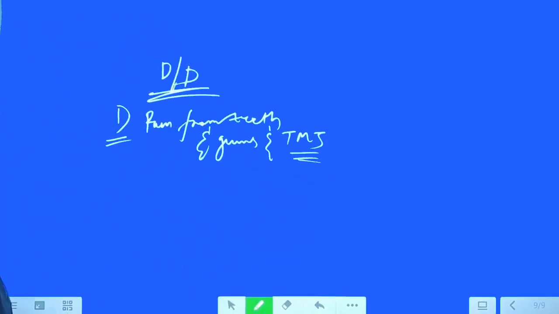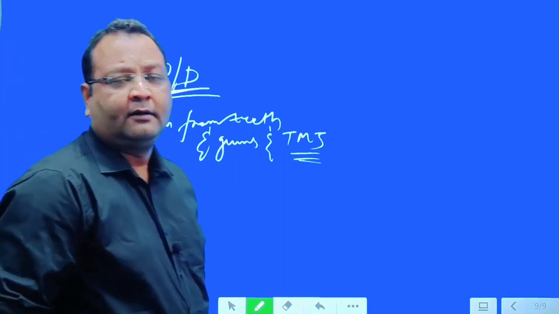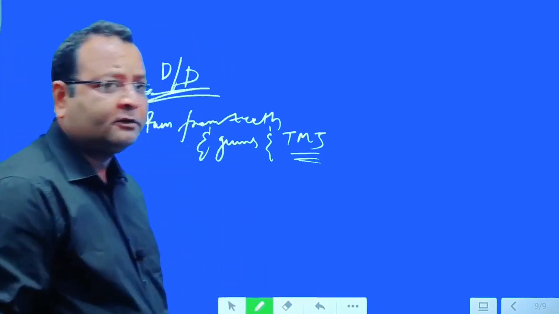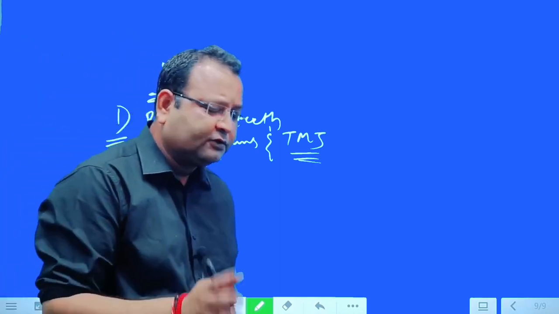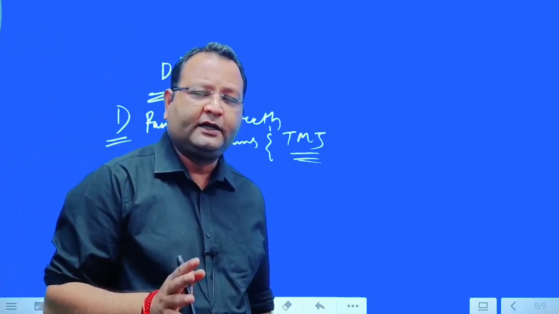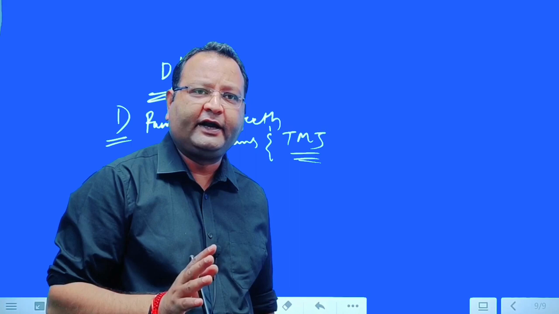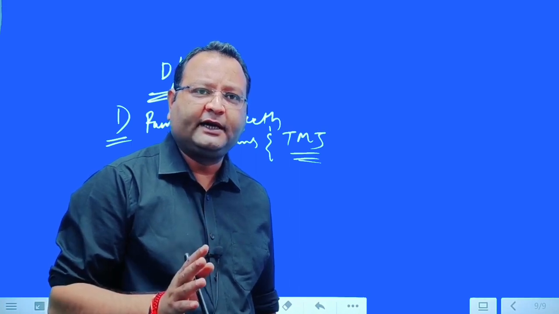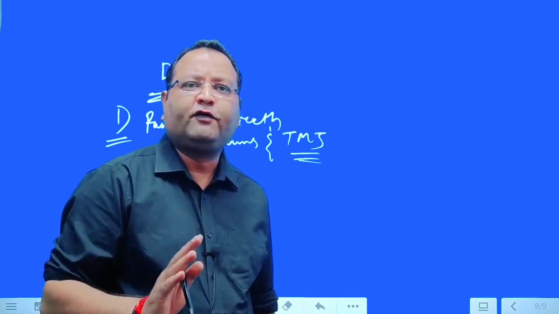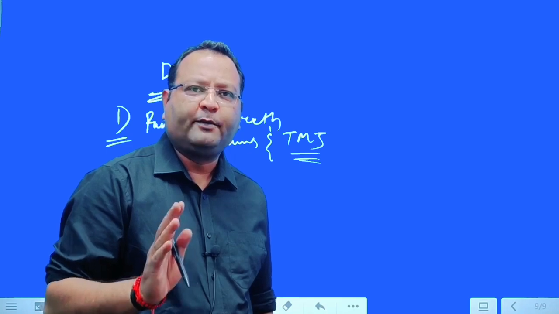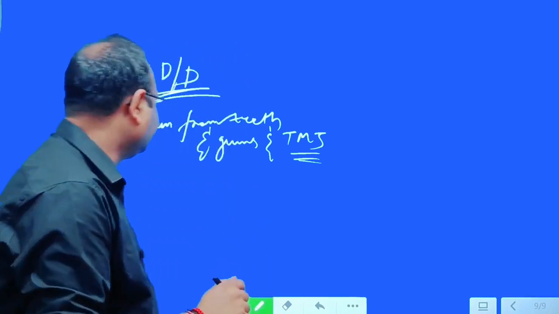So this is the most common cause of pain from the orofacial region. So when you are diagnosing a case of trigeminal neuralgia, you have to first evaluate the oral cavity, you have to first evaluate the TMJ, exclude them, and then move forward for the diagnosis of trigeminal neuralgia.